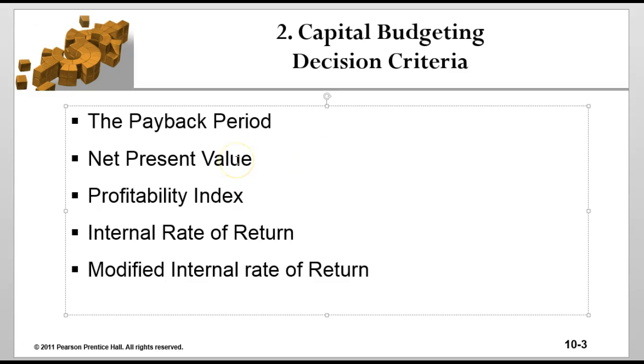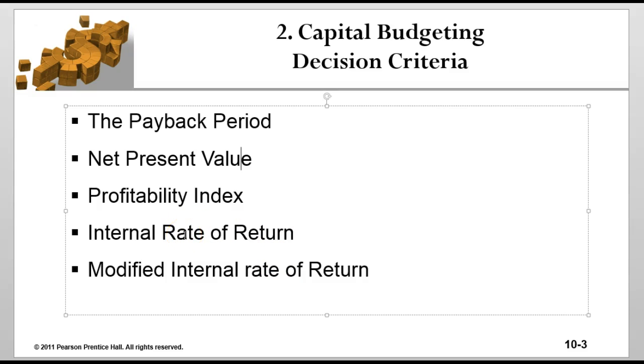You have net present value, and that's going to involve time value of money. The profitability index kind of ties right in with the net present value. So these two will return fairly well the same positive or negative results. And then you have the internal rate of return and the modified internal rate of return.